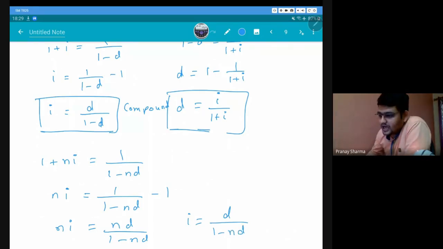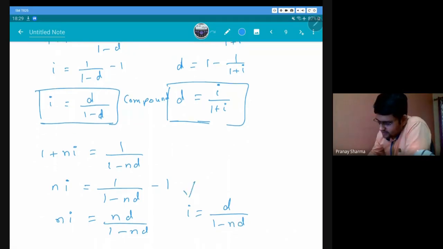Now here the value of i is dependent on d as well as n. So one conversion will be true only for one particular value of n. This is not consistent throughout our time period. So for the same d for 2 years, 3 years and 5 years, I will have different i's.